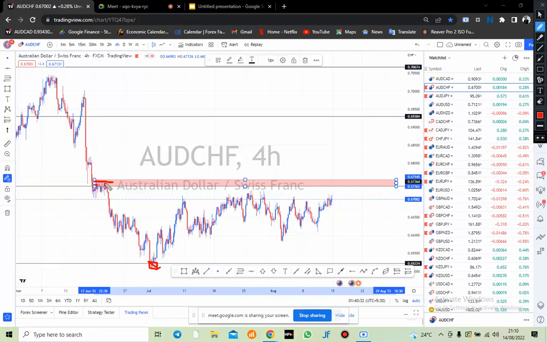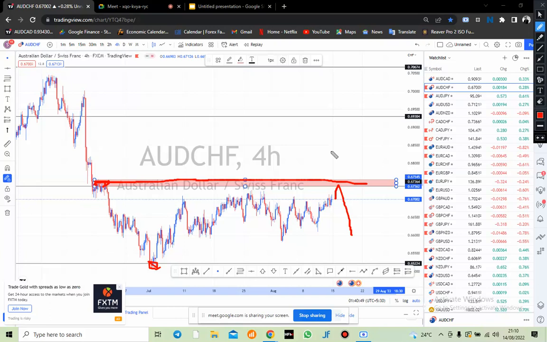I'm not expecting the price to respect any pattern here, but all this area where the market reversed, I'm expecting the price to reverse as well. So if the price rises to this resistance, I'll be expecting a downtrend from here. That is the first rule.